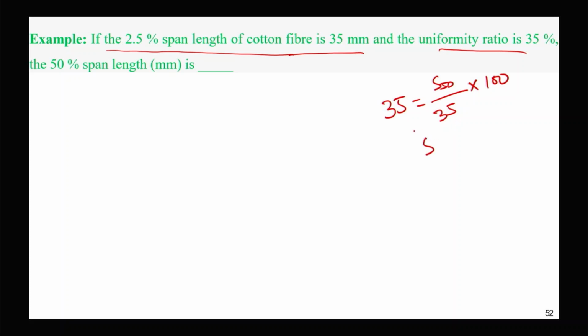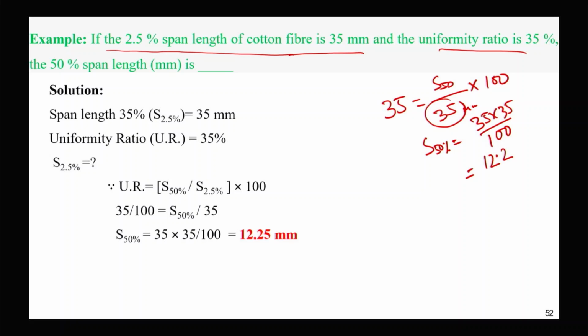So this 35 is the 2.5% span length. So the 50% span length is 35 multiplied by 35 by 100, which is 12.25. So this way one can try to calculate. These are very simple numericals, but one should practice.